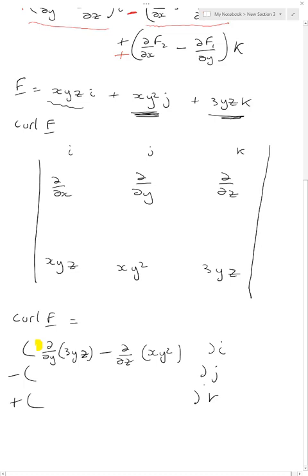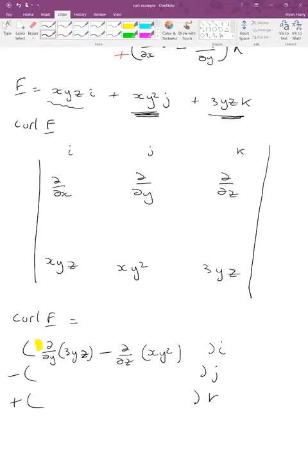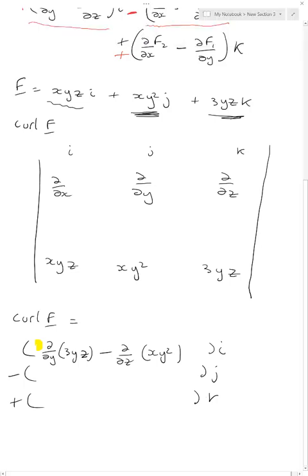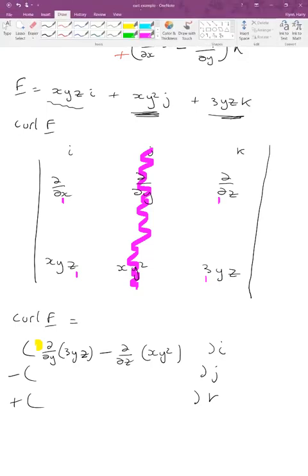To find the coefficient of j, we're going to cover up the column containing j, and then we'll be left with a 2 by 2. If we do the determinant of that 2 by 2, we can get the coefficient of j.